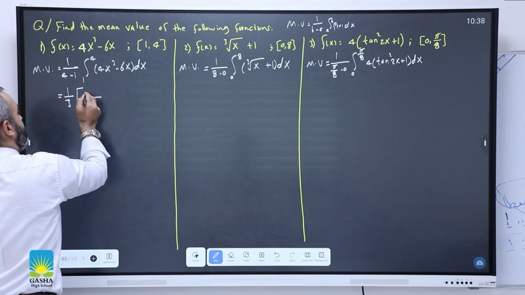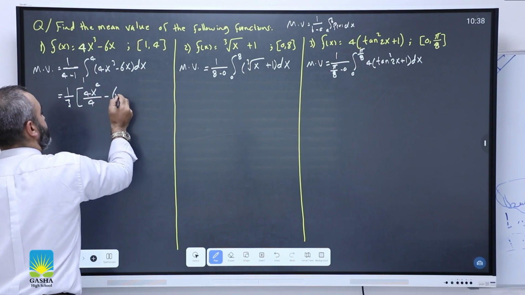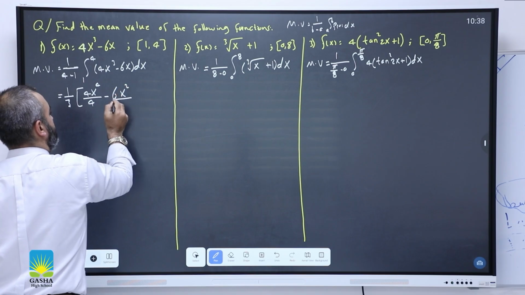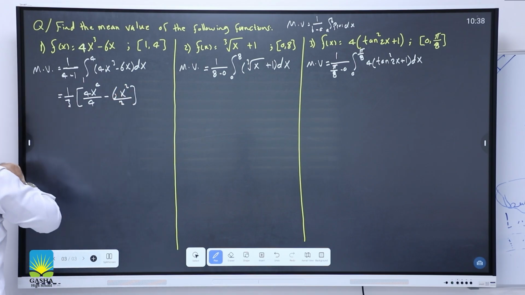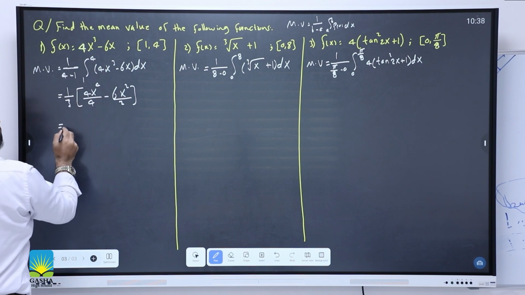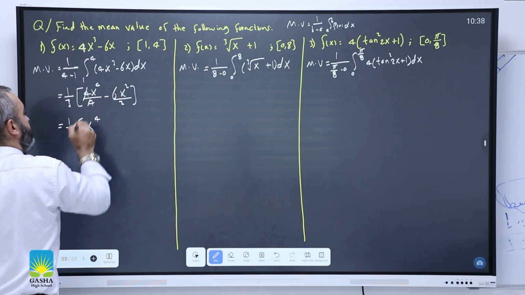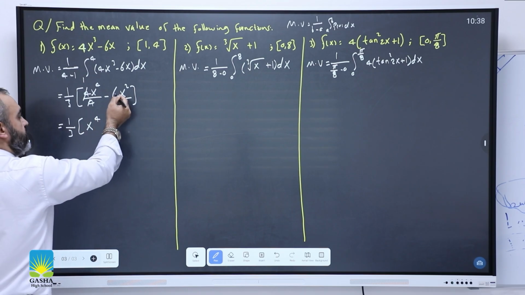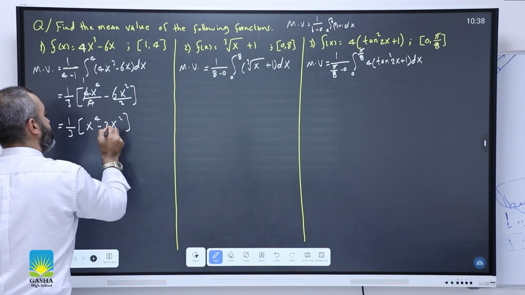4x cubed, it's 4x to power 4 over 4 minus 6x to power 2 over 2. So this is the integral of this function. 1 over 3, it's x to power 4, because 4 cancelled, and we simplify 6 divided by 2, it's 3x squared.